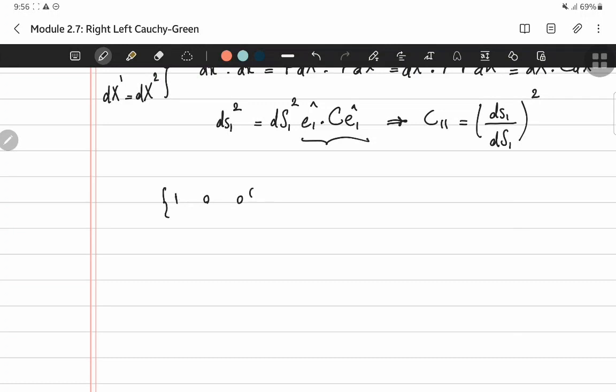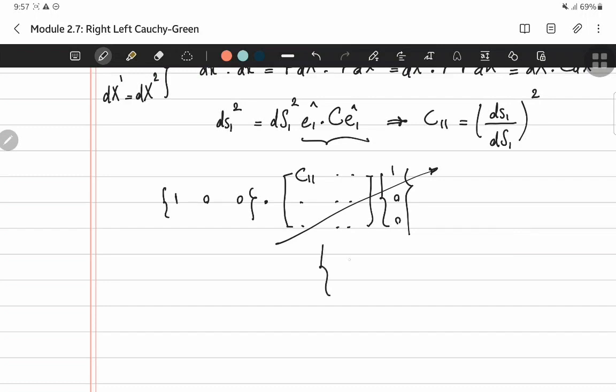So I have 1 in here, and then you have dot C, the rest of the components, and then finally you have 1 0 0. And what you get in here is basically C11, the other components, for example C21 and C31. The dot product is basically C11, because this one goes with this one, 0 with this one, 0 with this one.